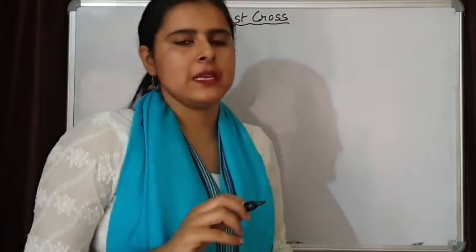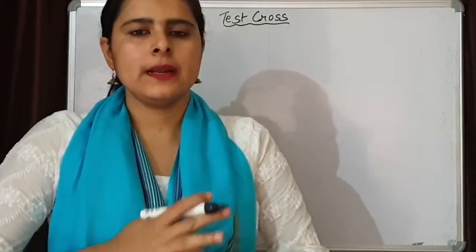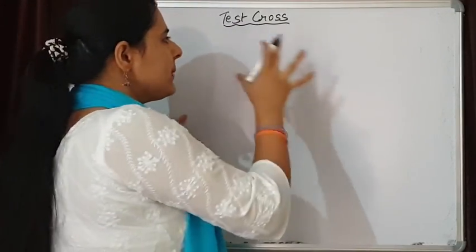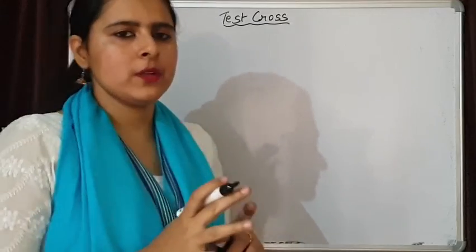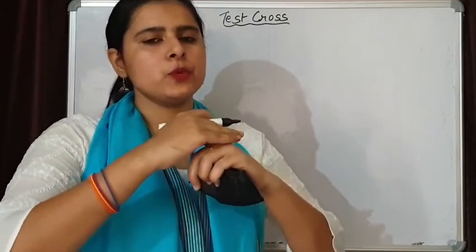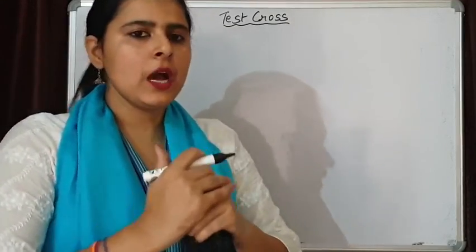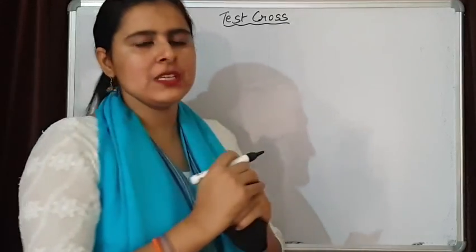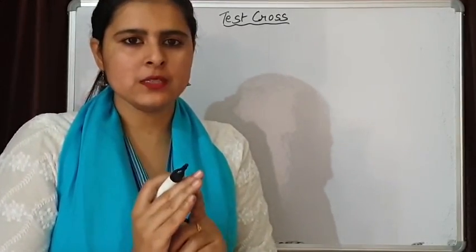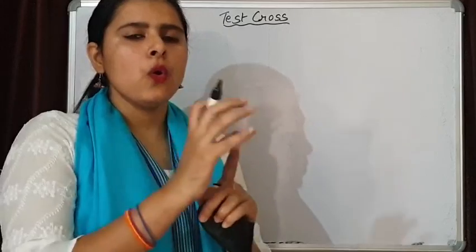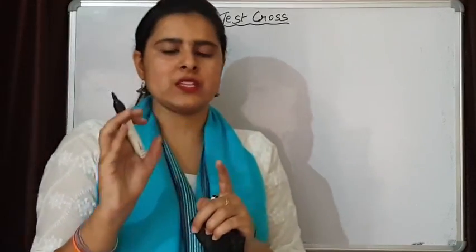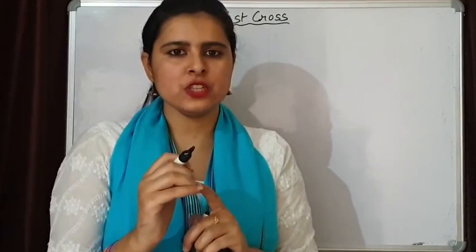What happens in test cross, or why is test cross done? We were normally performing a monohybrid cross and we have reached the F1 generation. Now this F1 generation is giving only one type of plants, and I told you that all the alleles are not going to express themselves in the F1 generation.